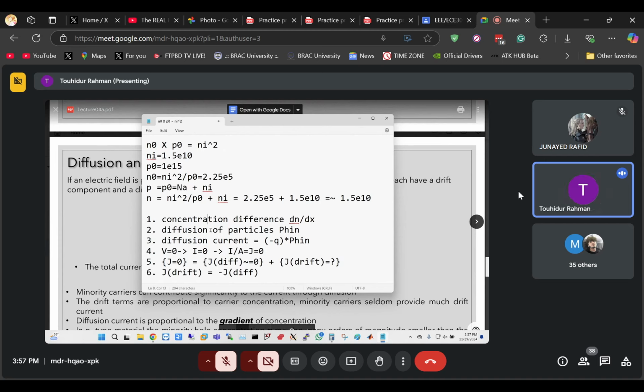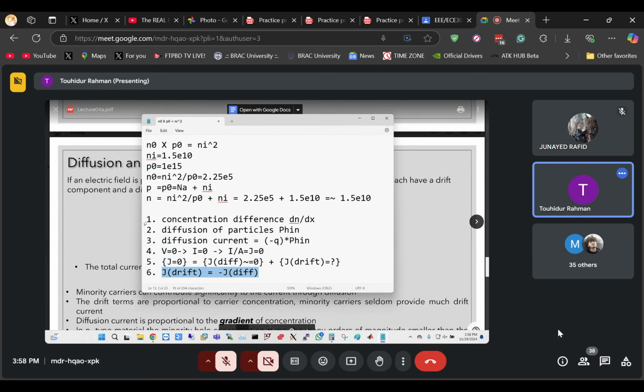So the initial condition is a concentration difference, and the second condition is no voltage. Whatever I have written here is valid only if there is a concentration difference and there is no voltage. Make sense? I used those two conditions to derive this equation, so if these two conditions are not true, then this equation is not true.